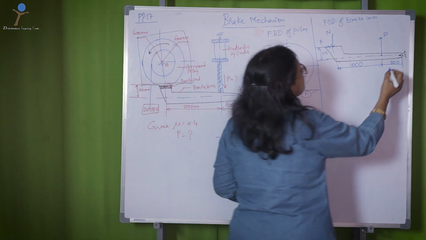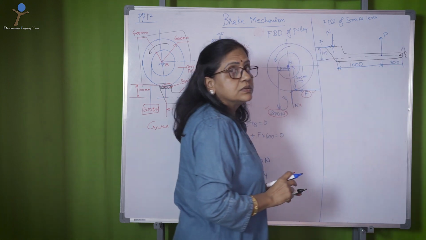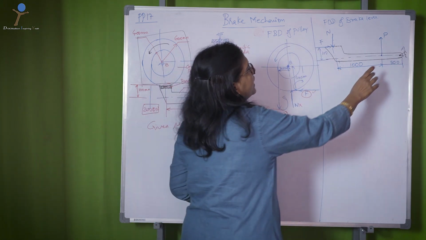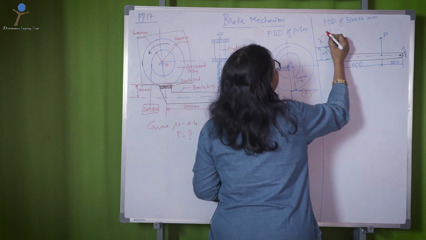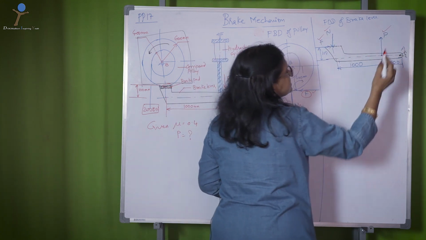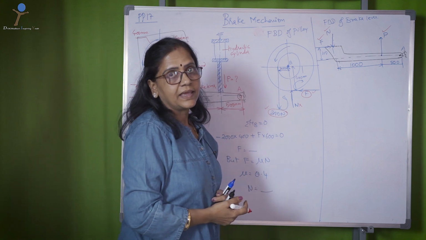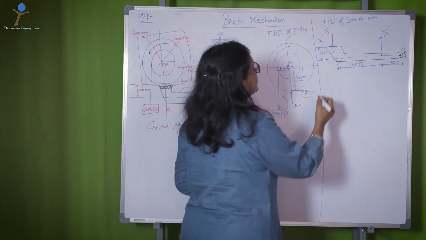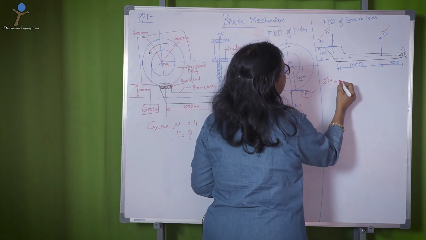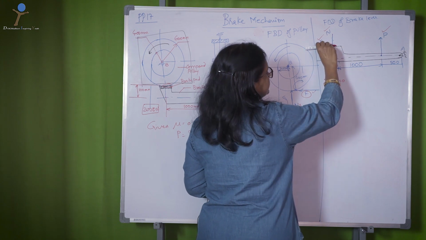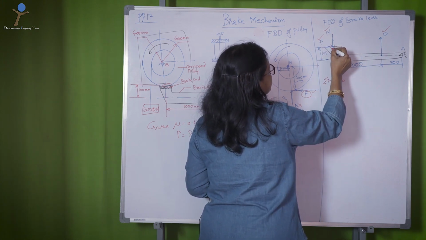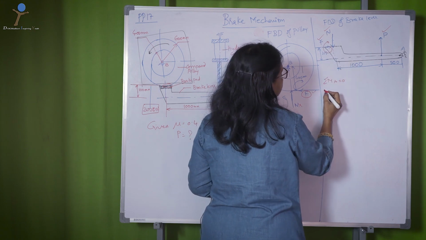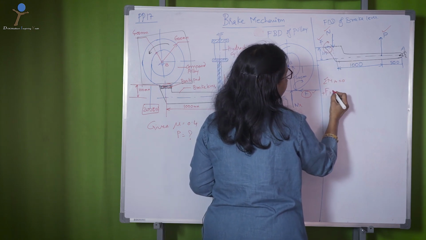Simple thing is, apply moment about A. Here all three forces will create moment about A. That is sigma MA equal to 0. F in this direction, moment about A is in this direction, rotating clockwise, that is plus F into 100.